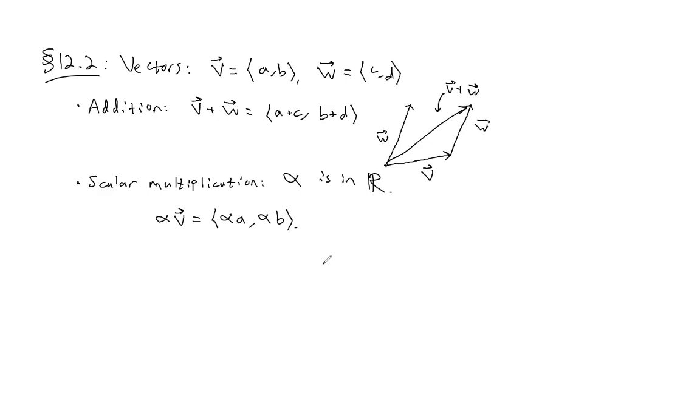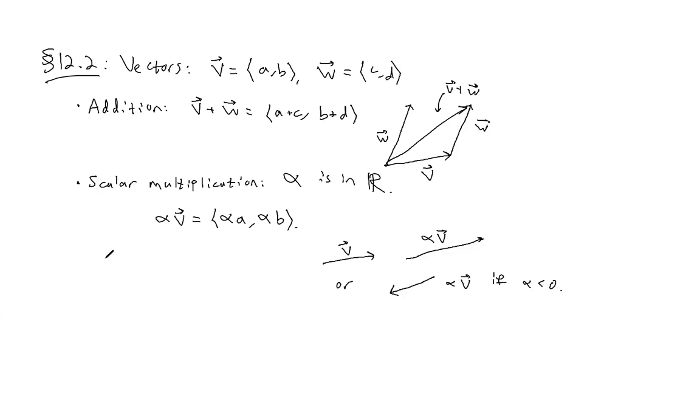And again, if this is our vector V, then that same vector elongated, in the same direction, maybe alpha V, is scaled by a factor of alpha. Or you can also have these vectors going opposite, alpha V, if alpha is a negative number, in which case they go in the opposite direction.